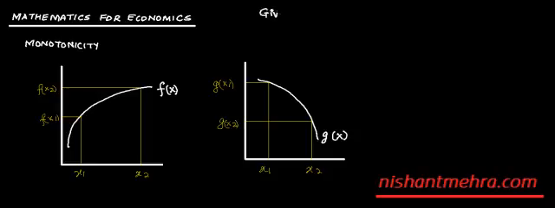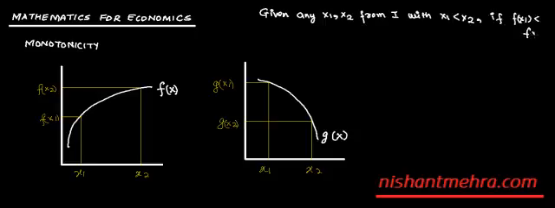Given any x1 and x2 from interval I with x1 less than x2, if f(x1) is less than f(x2), then f(x) is an increasing function on I. Okay, x1 less than x2, and this function is increasing.